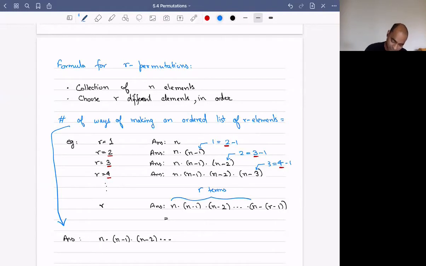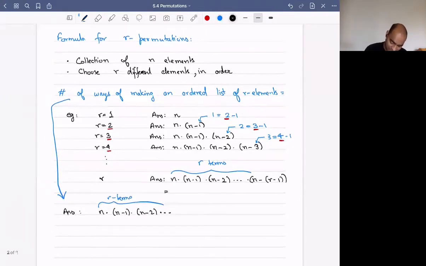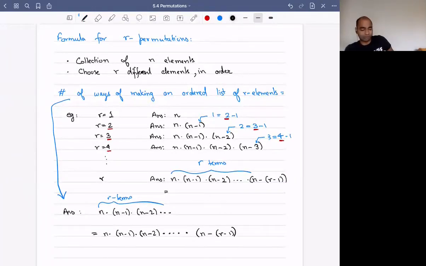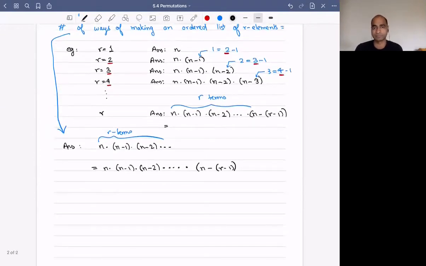And the total number of such terms is R. But if you want to be a little more precise, you can also write this as n times n minus 1, n minus 2 dot dot dot, up to n minus R minus 1. Same thing. Both these products have exactly R elements. So that is the number of R permutations from n elements.